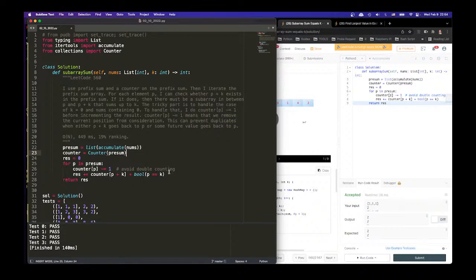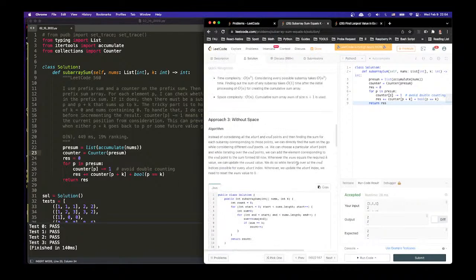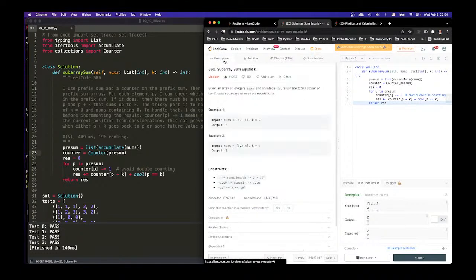But we do minus, because the numbers can be negative. The sum can get smaller and smaller.